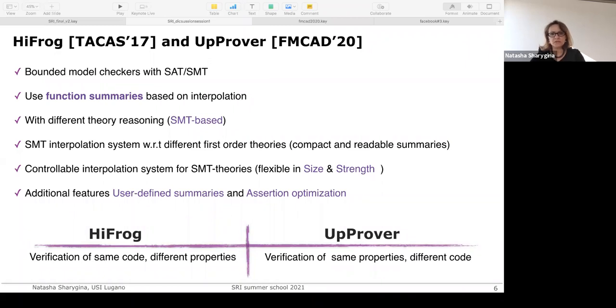So overall, both tools allow different theory reasoning, starting from Boolean encoding, and then since we employ SMT solving, we have different logics available for program encoding when we construct the model of the system.